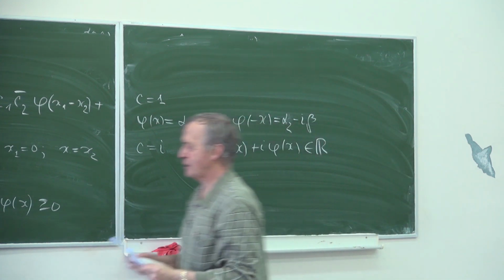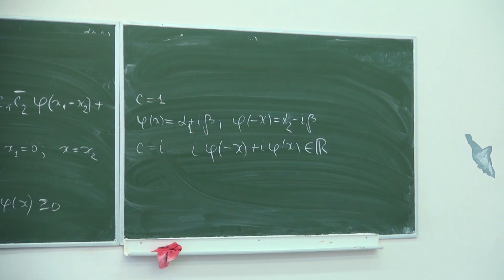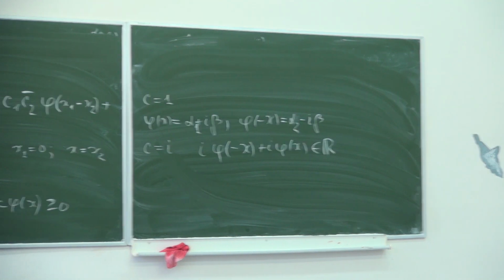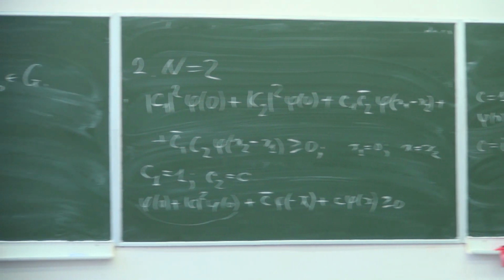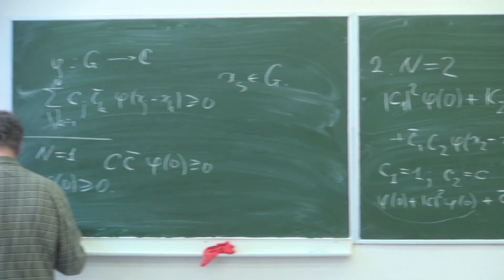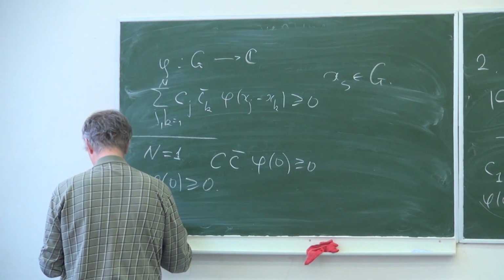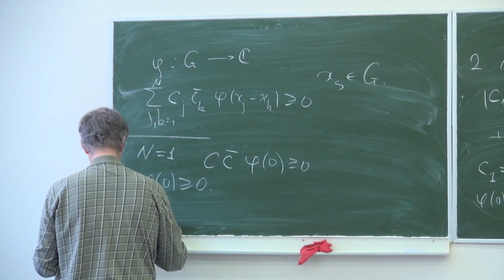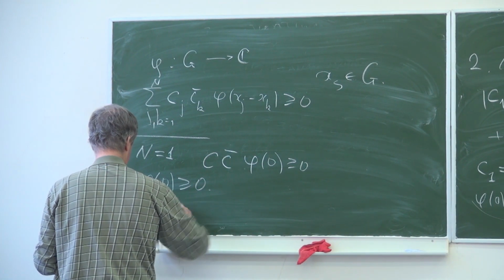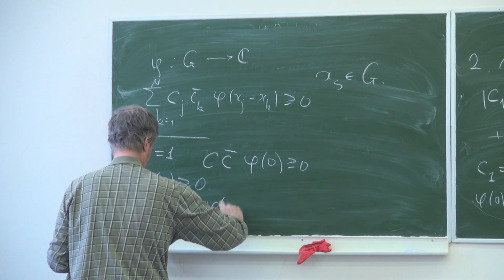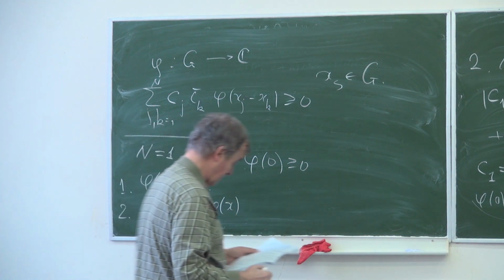So the second property is that phi of minus x is equal to the complex conjugate of phi of x. Yes?